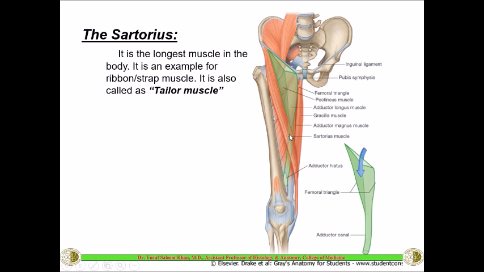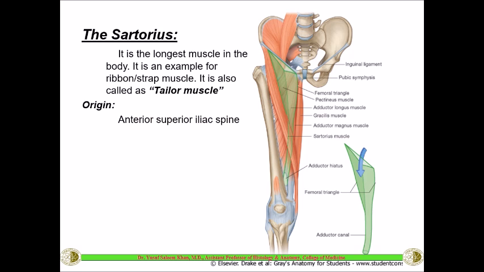It looks like the tape of a tailor, and the actions of this muscle help in the squatting position of a tailor who sits on the floor in the traditional system. The movements needed for squatting on the floor are done by this Sartorius muscle. That's why it is also called the tailor muscle.